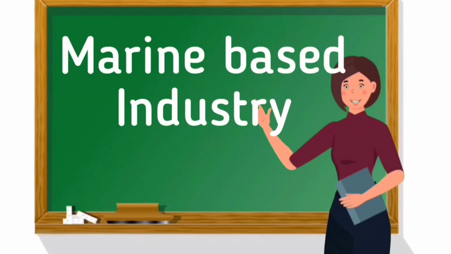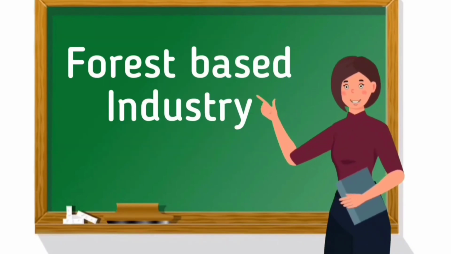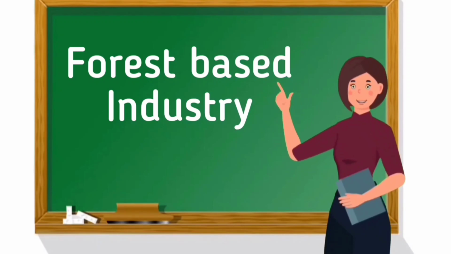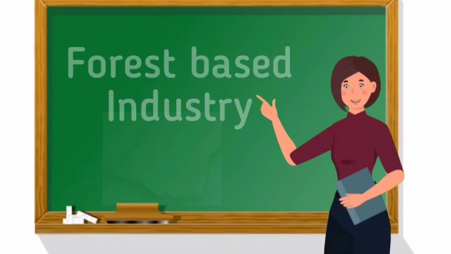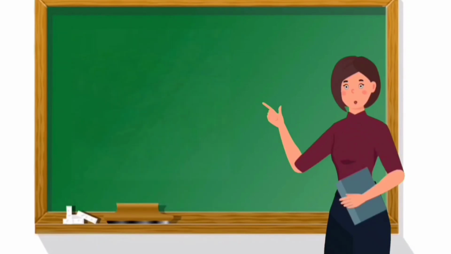Marine based industries use seafood like fish and starfish. Manufacturing fish oil is one example, right? Forest based industries utilize forest produce as a raw material. The industries associated with the forest are pulp and paper, pharmaceuticals, furniture and buildings, right?